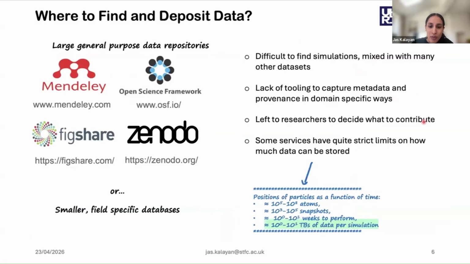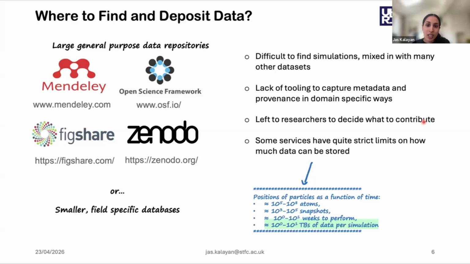Another issue we have is sharing the data that we have. So there are places to share, such as large general purpose repositories or even smaller field-specific databases. But when you share your data, it's often difficult to find simulations because they're mixed in with many other data sets from many other fields.